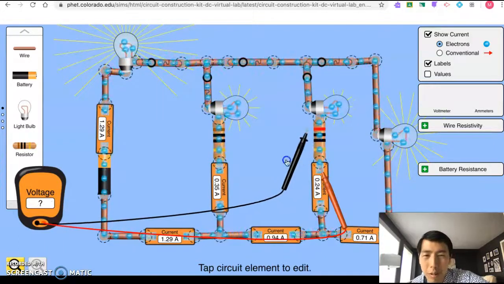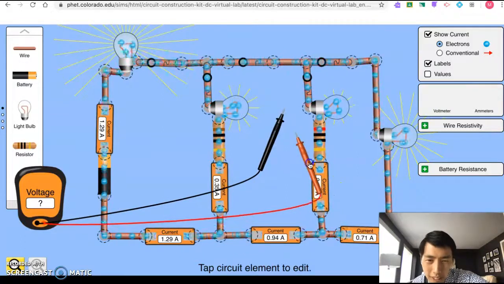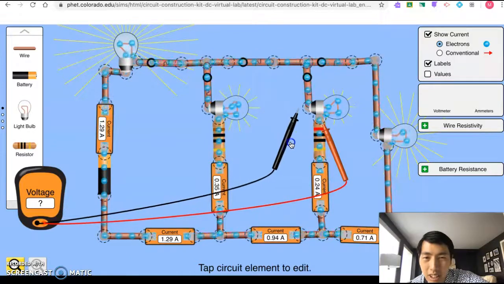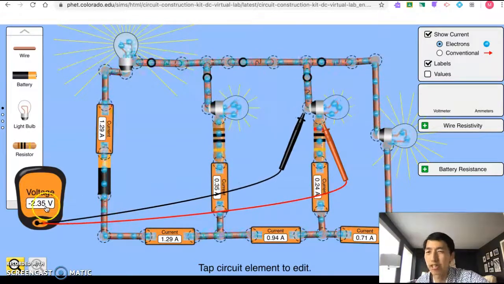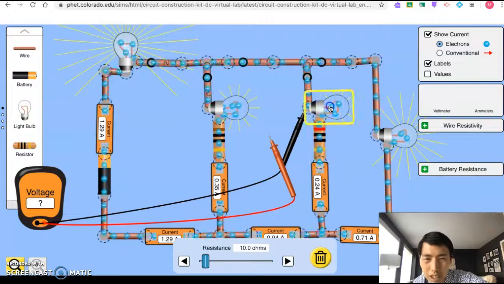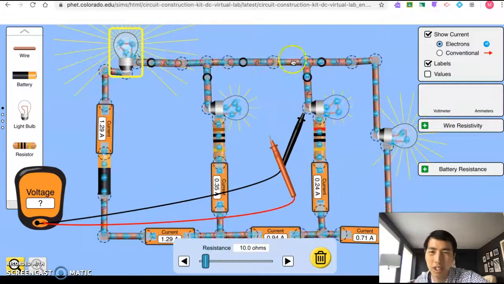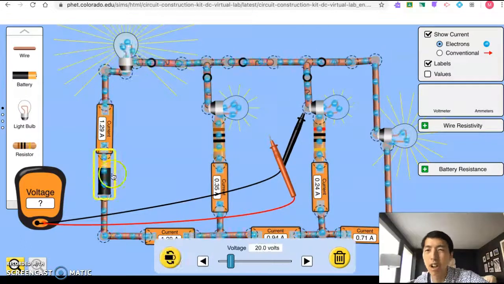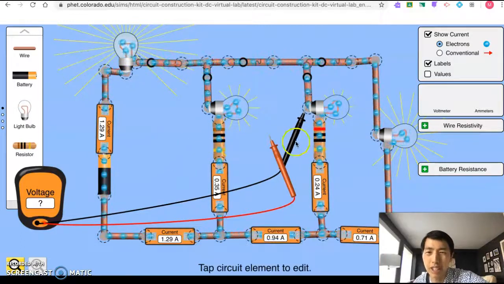So then the remaining light bulb better be the leftover to get me to 20, so like 2.3-ish. And I got negative 2.35. All right, so these three voltages, which form the second loop, add up to negative 20 to balance out the positive 20 from the battery.